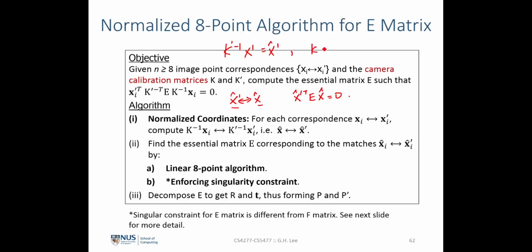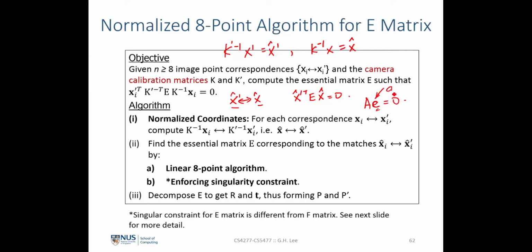We do the same thing for the first view, K inverse multiplied by x equals x hat. Once we get this, we make use of this correspondence in the camera normalized coordinates to compute the equation of AE, which we denote as this vector. Note that this vector is not the epipole, we are just overloading the notation here, equals to 0.